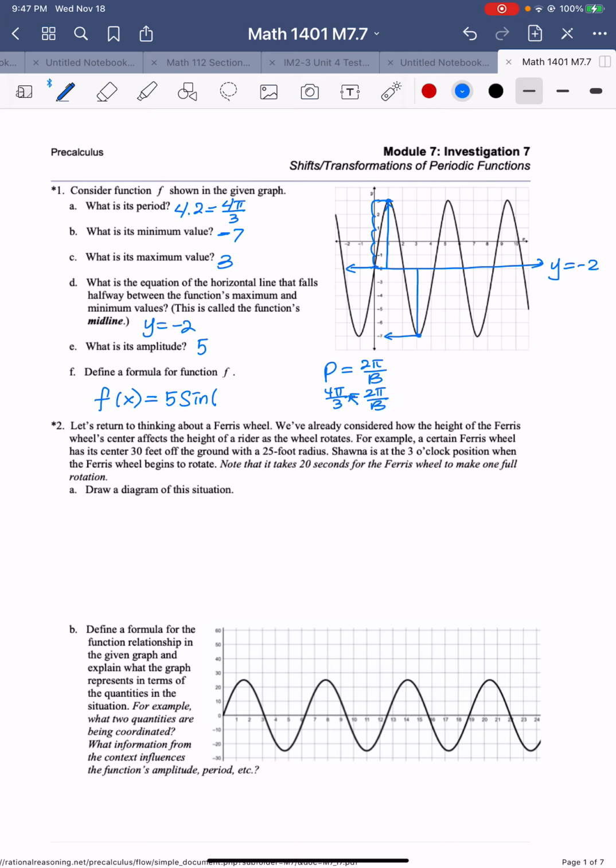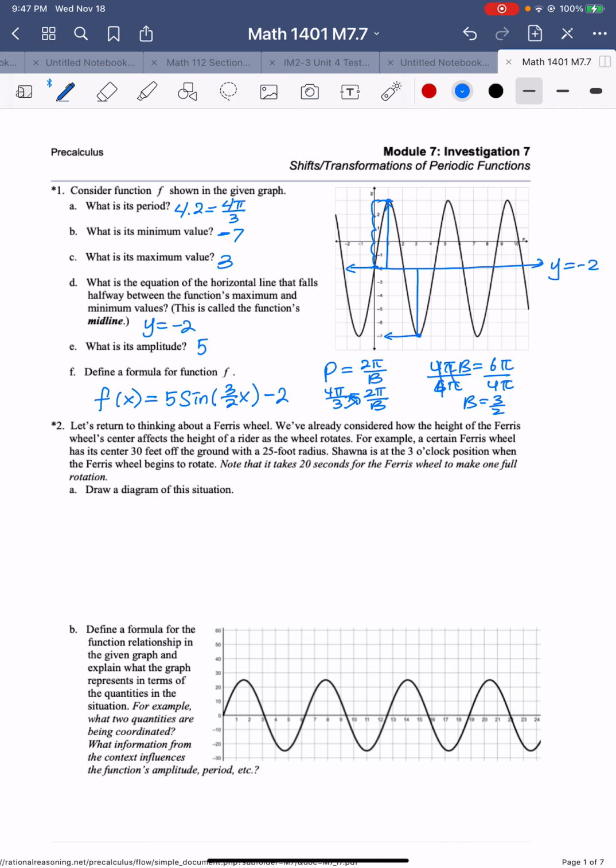Looking for b, 4π b is equal to 6π. Divide by 4π on both sides, and then b equals 3 over 2. So it's going to be 3 over 2 x, and then the middle line is -2. So that's the function for the graph, okay?